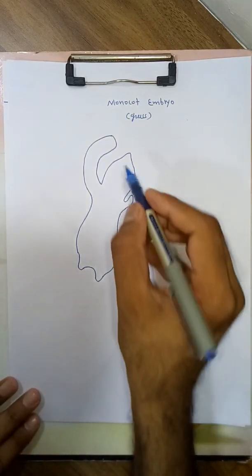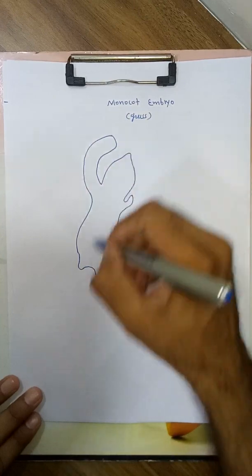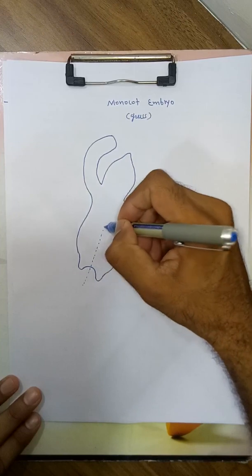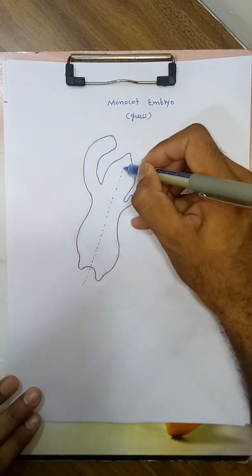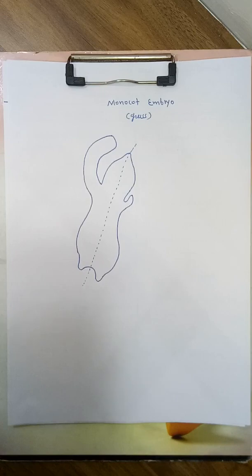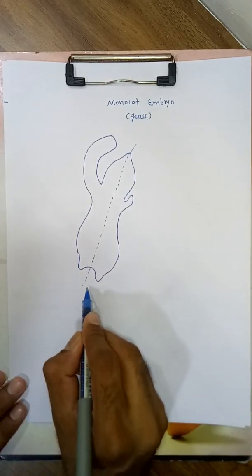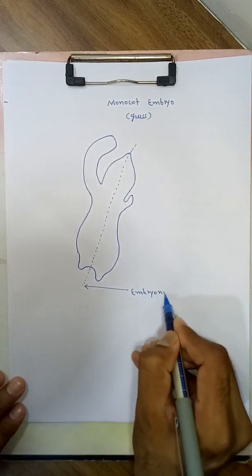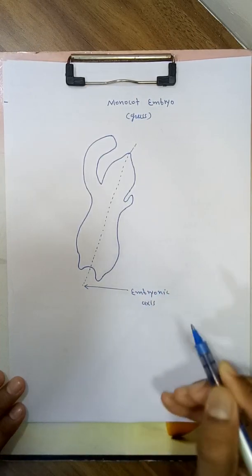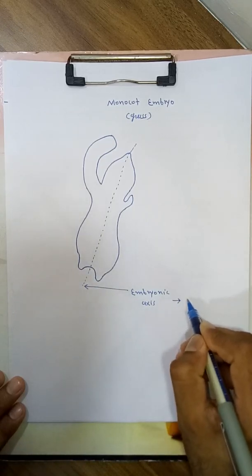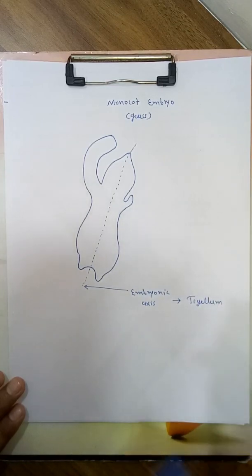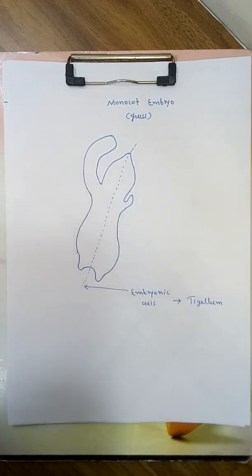Now you can see here the embryonic axis. આ છે ભ્રૂણાક્ષ. Embryonic axis. This embryonic axis is known as tigellum.